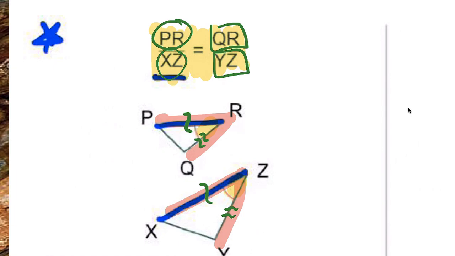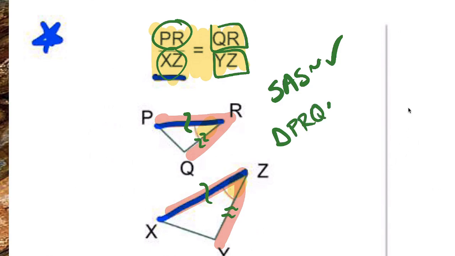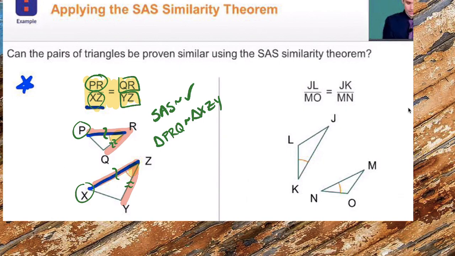And this is how side angle side shows up in your pictures. If you have 2 sides corresponding to 2 sides in another triangle and the included angle, meaning that angle that is between those sides, then they are similar by side angle side. So this is happening for these. And if we wanted to name it, if I said PRQ similar, so if I start at P, I need to start at the corresponding angle for the other triangle, which would be X, and then go to Z and to Y to have my matching pieces all line up.